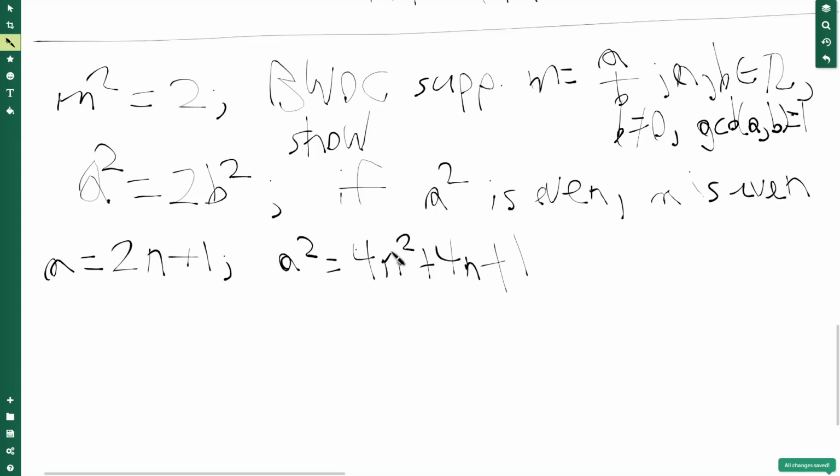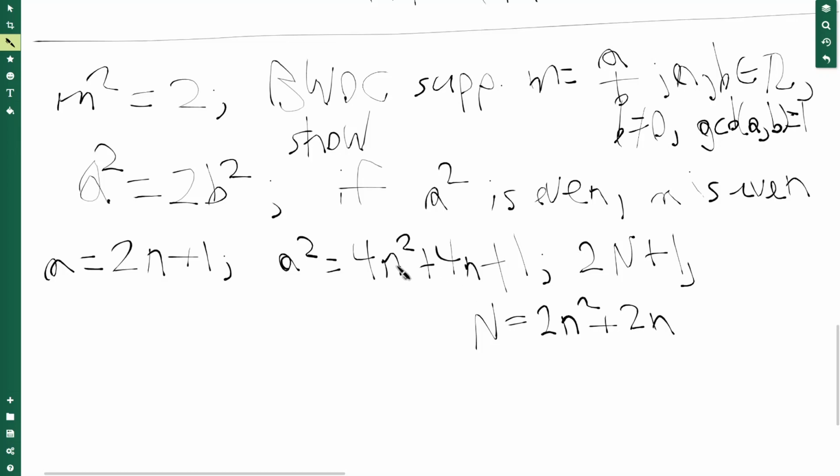Well, let's see, we can write this as 2 times big N plus 1, where big N is 2n squared plus 2n. We literally just factor out a 2 here. But notice that this is an odd number. So in other words, we've shown this.